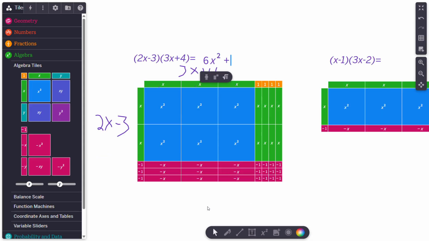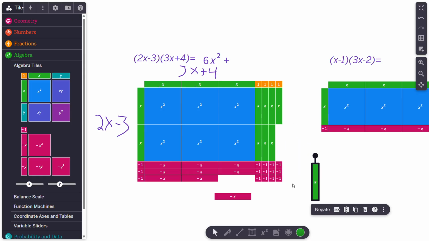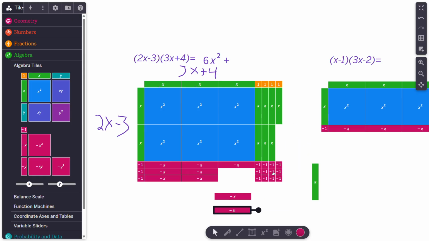We can do some 0 pairs. We have some 0 pairs here to get rid of. So I'm actually going to go ahead and remove them. So remove, remove, remove, remove, remove.